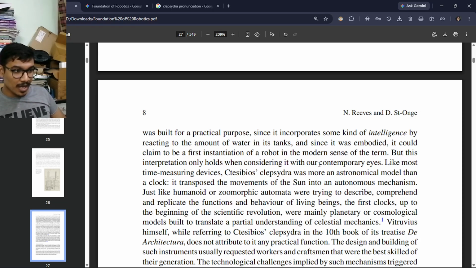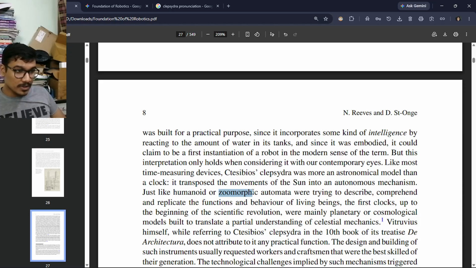Like most time measuring devices, it was more an astronomical model than a clock. It transposed the movements of the sun into an autonomous mechanism, just like the humanoid or the zoomorphic automata.